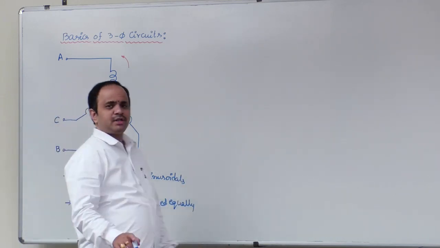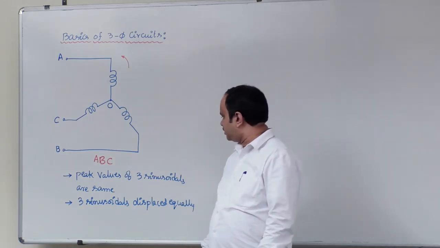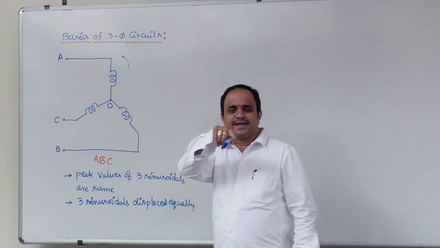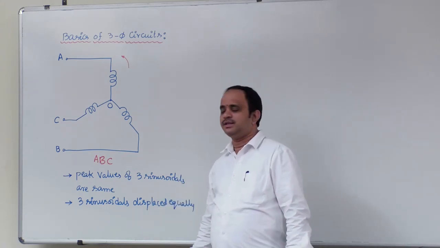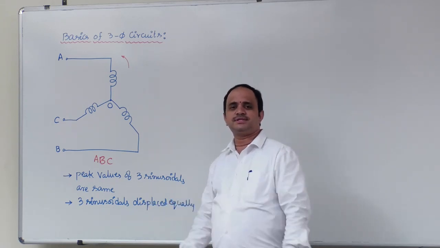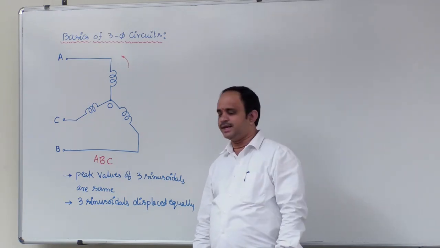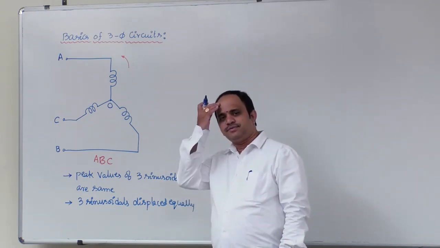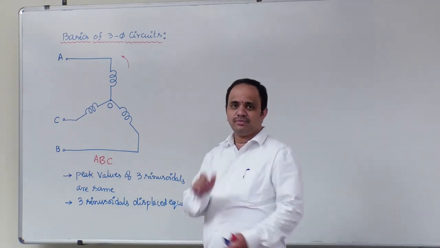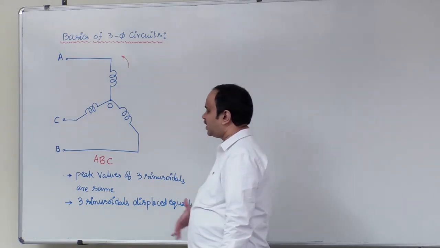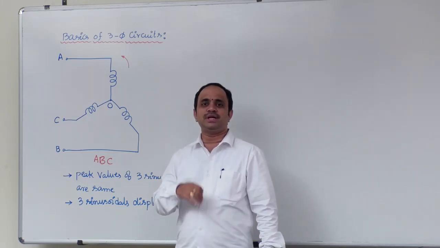So whenever the three sinusoidals have the same magnitudes or peak values, and in the total space angle, that is 360 degrees, the three sinusoidals are displaced equally, then you can say that particular system is under balanced condition. As the total angle is 360 degrees and we have three sinusoidals, 360 by 3 gives you 120 degrees. Therefore, the thumb rule, whenever anyone asks in interviews what the balanced system definition is: generally, people will jump to neutral current is 0.